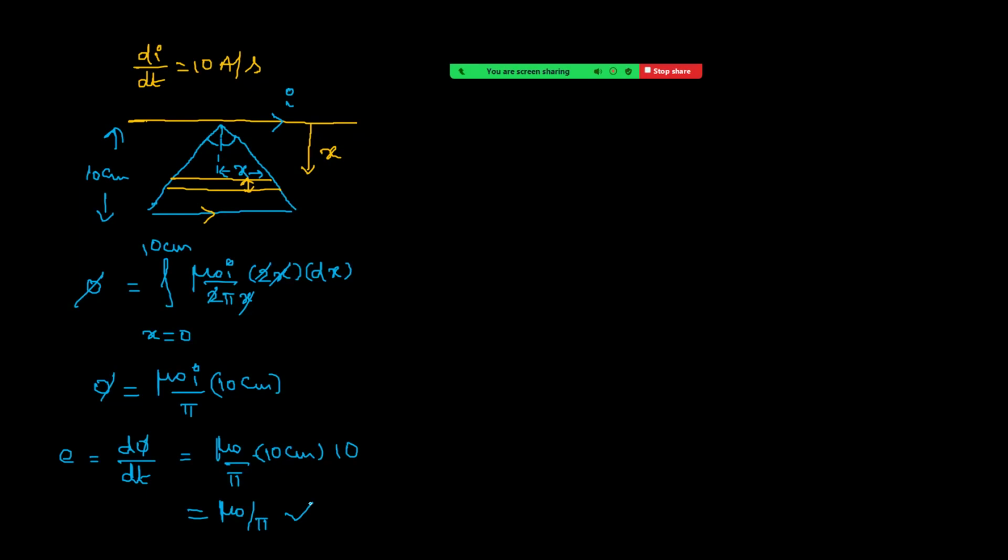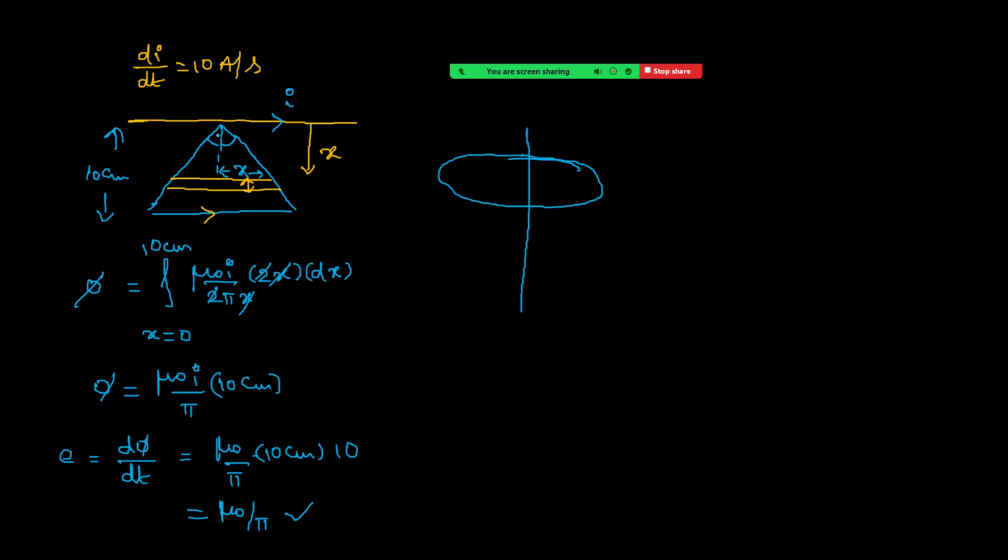Next, see the next option: if the loop is rotated at a constant angular speed about the wire, an additional EMF is induced. If you see carefully, this is a long wire. Around this wire, at any distance x, imagine a cylinder of radius 10 centimeter.